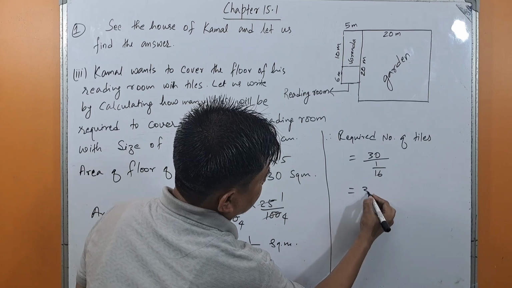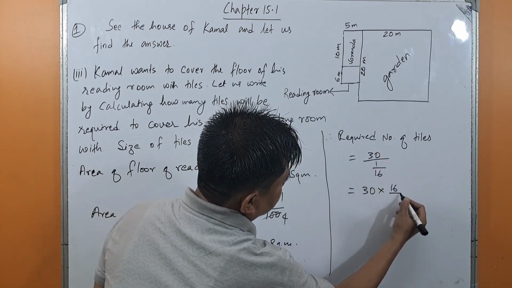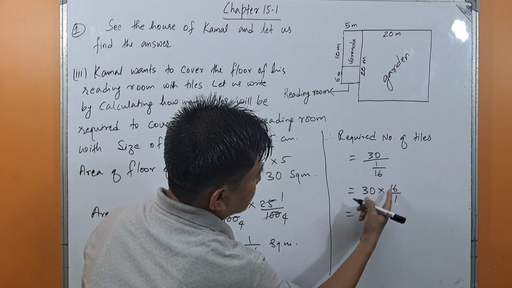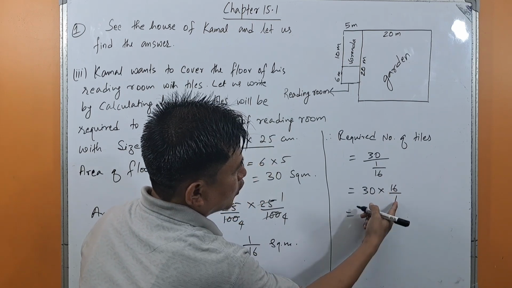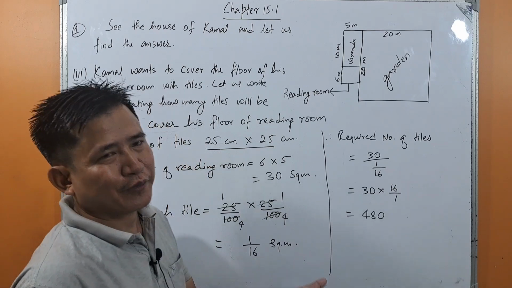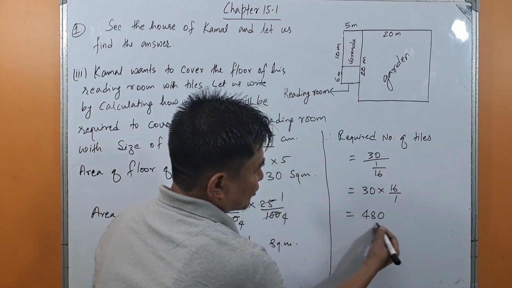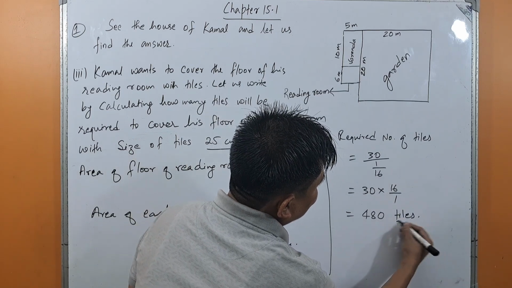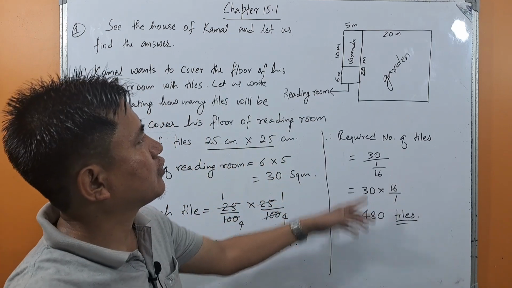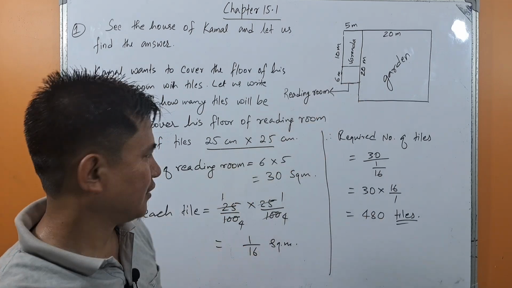So this is 30 into 16 upon 1. 16 3s are 48 and this 0 we write here. 1 is always in the denominator of every number, so we forget this 1. So 480 tiles. Total number of tiles required to cover the floor of this reading room is 480 tiles.